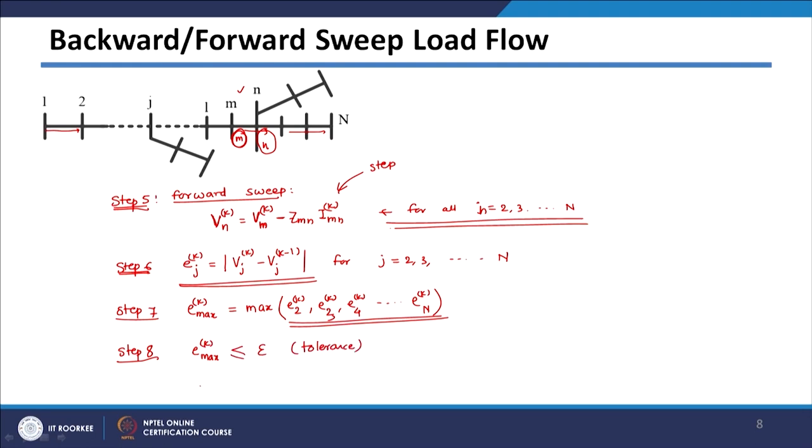if this condition is getting satisfied, so I can write an if statement here. If this condition is getting satisfied, you have converged with results. So, print results which are correct. Else, if this condition is not getting satisfied, update the iteration count.